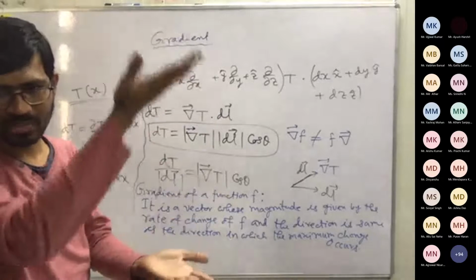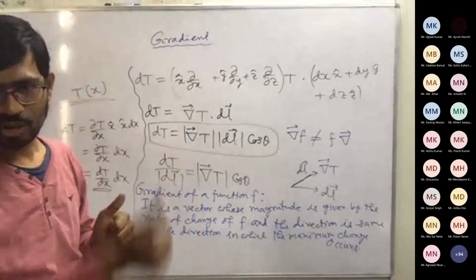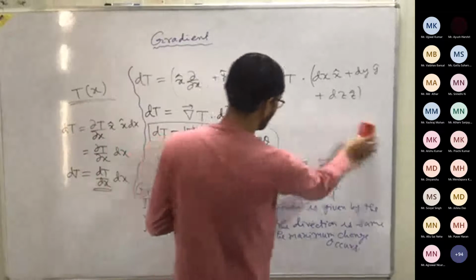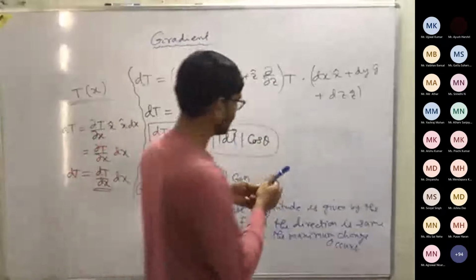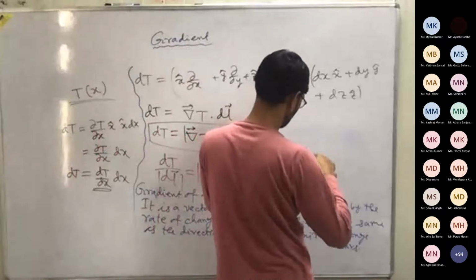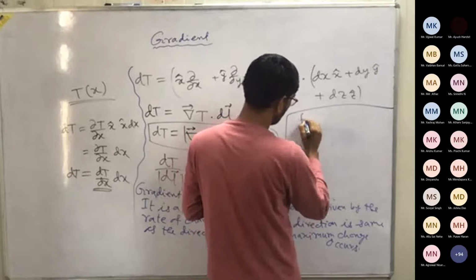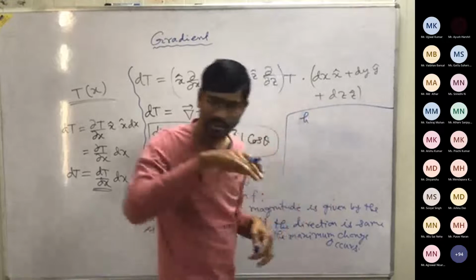If you go above the surface, your height increases; if you go below, height decreases. So instead of function f, now your function is height.